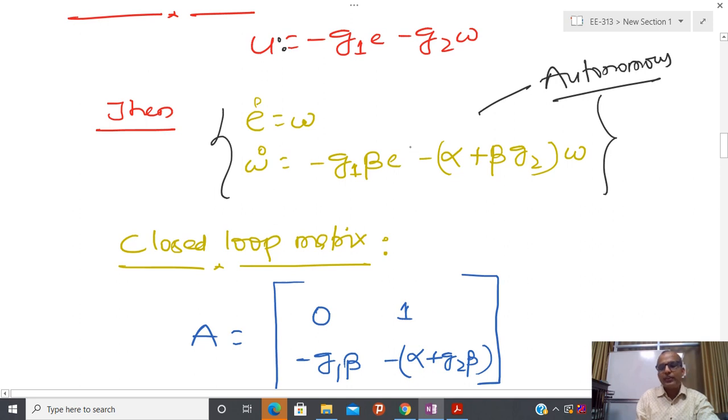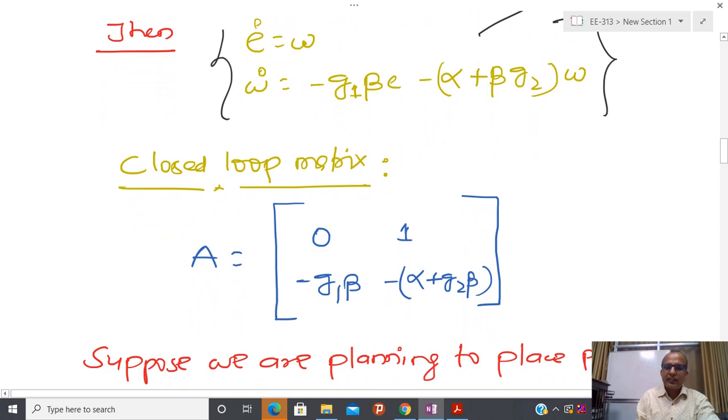And I have told you that for a linear system I have another simple way to check whether the system is asymptotically stable or exponentially stable. If I have a matrix representation of this, the system matrix should have both eigenvalues strictly negative.